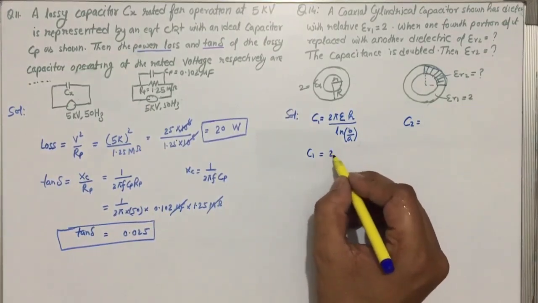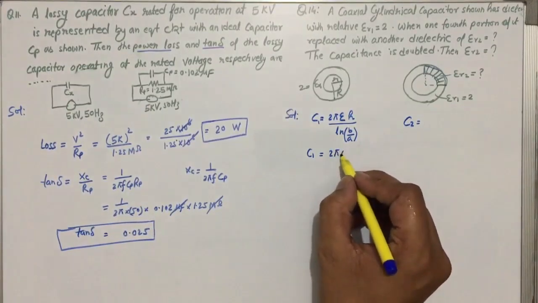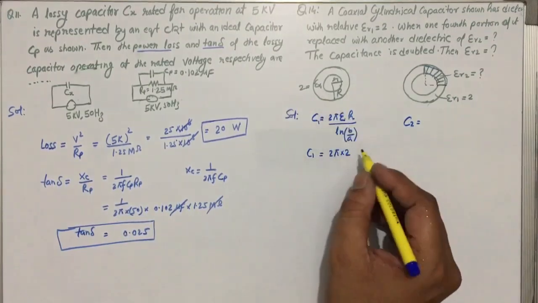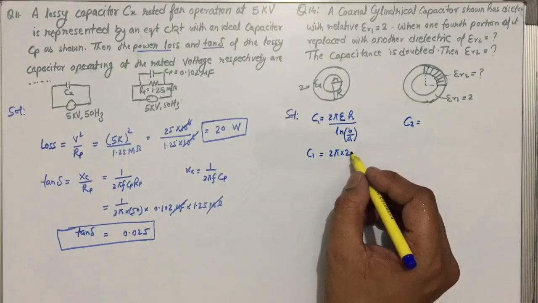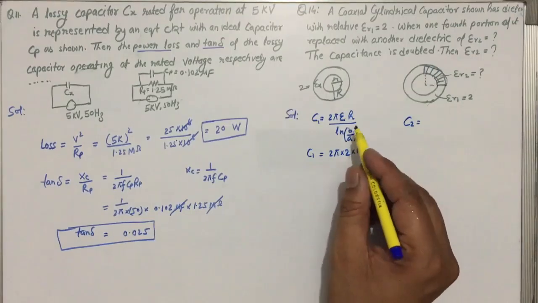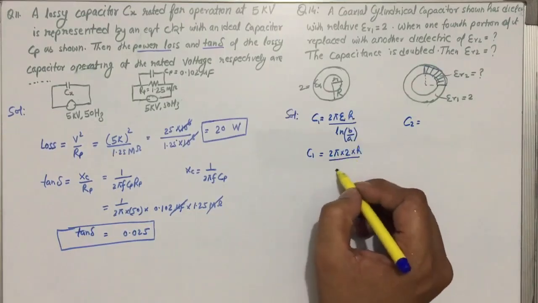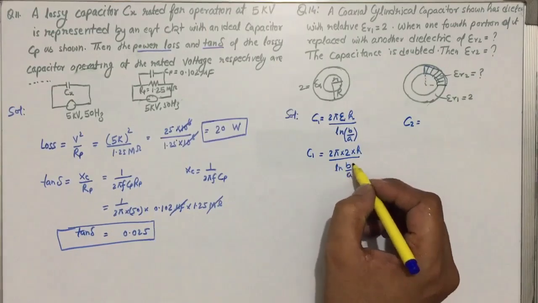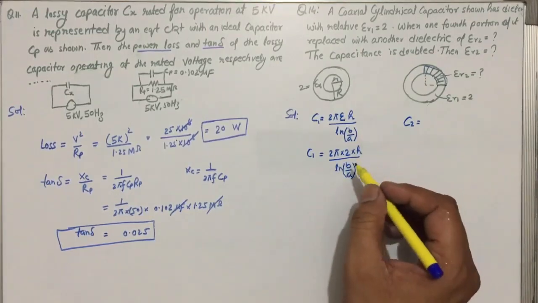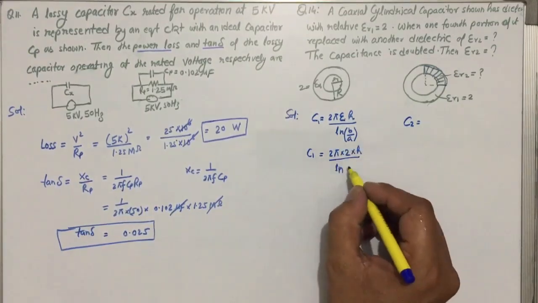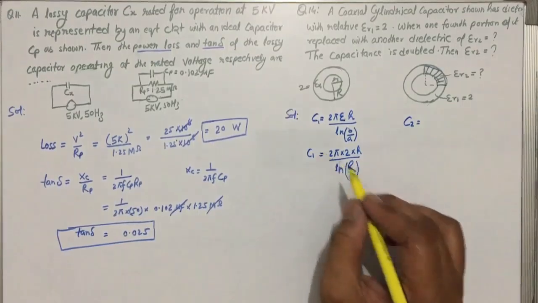C1 is 2 pi epsilon, where epsilon is epsilon R1, that is 2, times h, divided by natural log R by small r. This is C1.